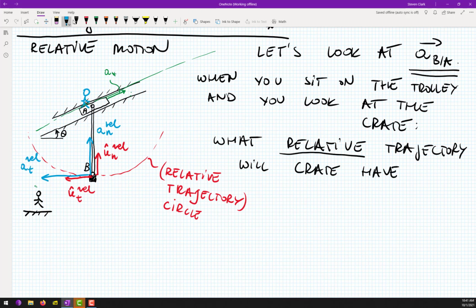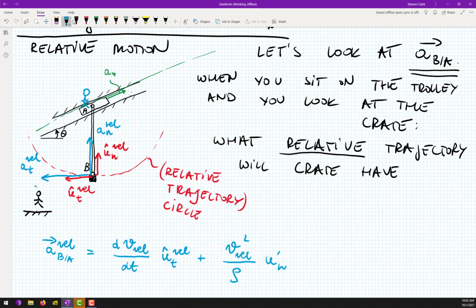AN relative and AT relative. So our acceleration of B relative to A is dV relative dt UT relative, plus V relative squared over rho UN relative.